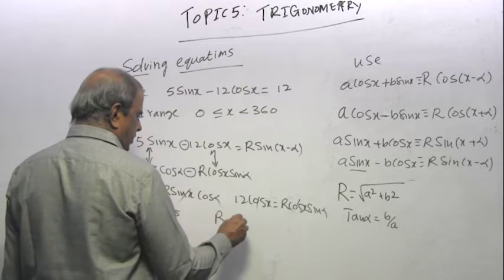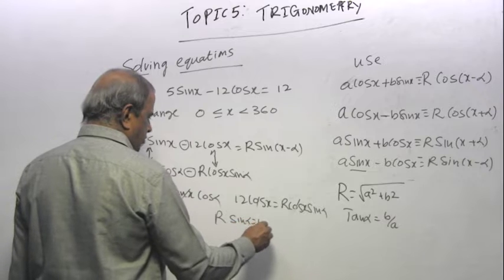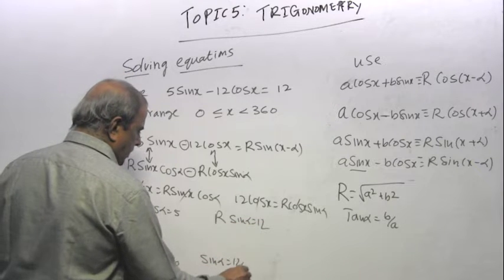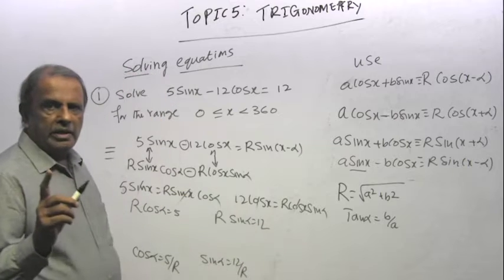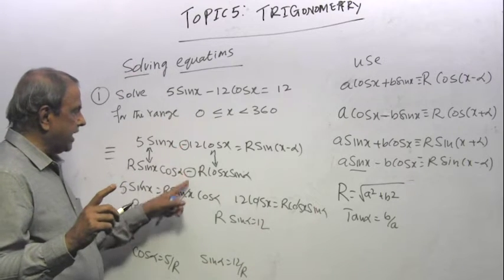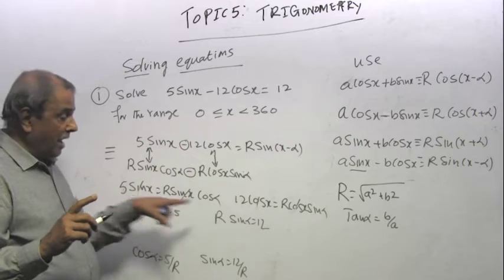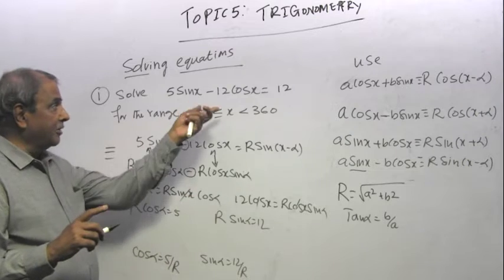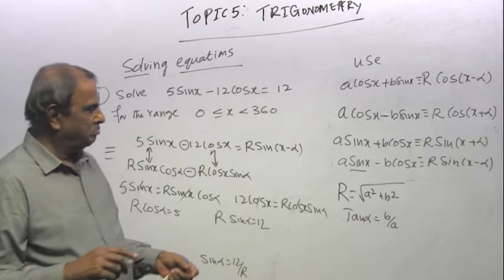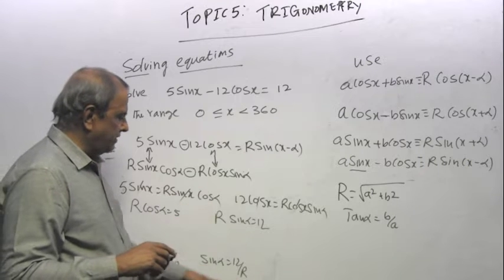So r sin alpha equal to 12. I will use sin alpha equals 12 over r. Be careful, the negative sign is absorbed because they are identical. Unless the question has been given the other way around, which is rare, you should not have any negatives here.